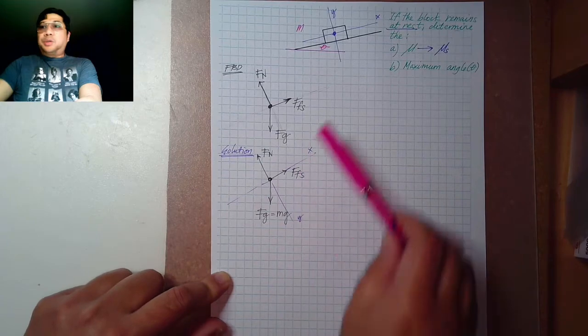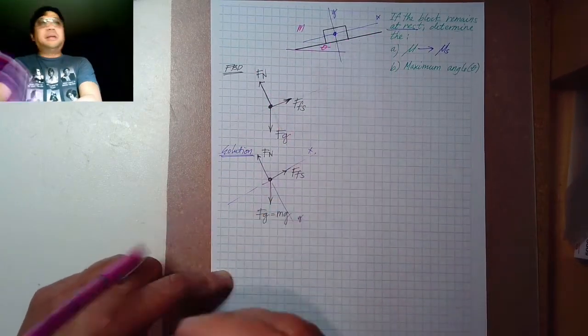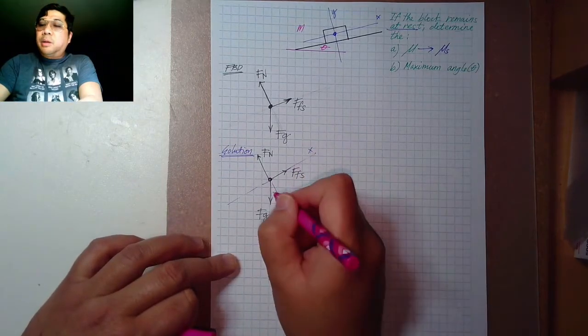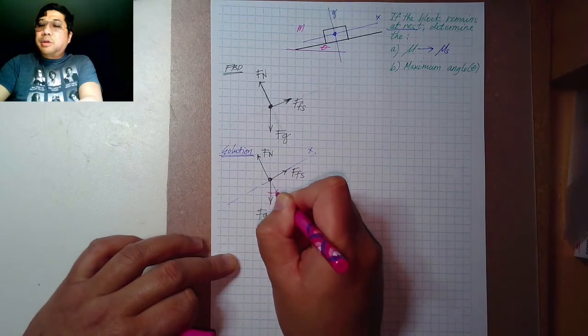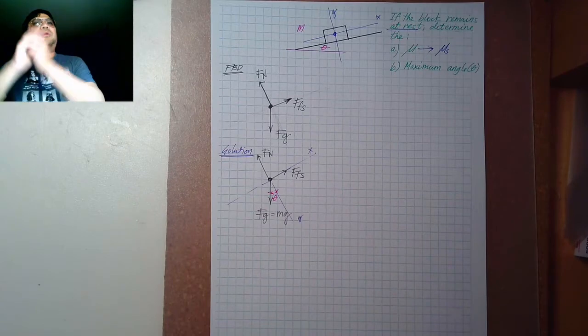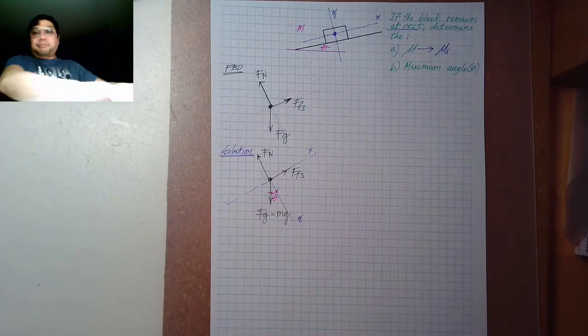Every time you see an inclination like this, the angle is the same as the angle of your force of gravity, but this time it is measured along the y-axis. So this is our theta.